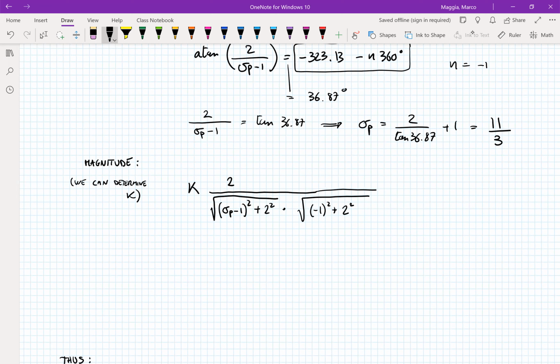And since we have this complex number twice, this is elevated by 2. And this has to be equal to the magnitude of minus 1, which is simply 1.